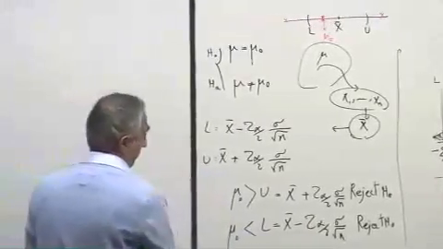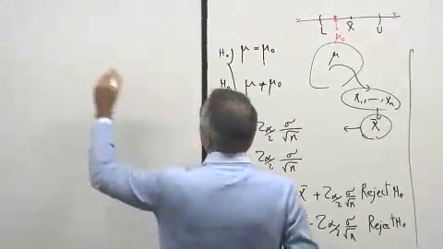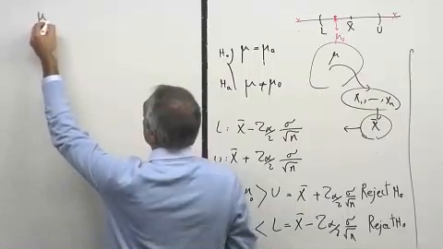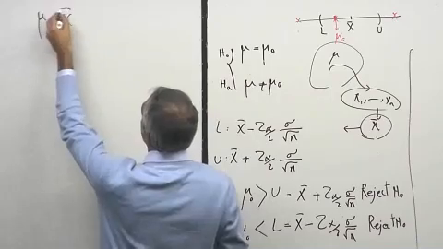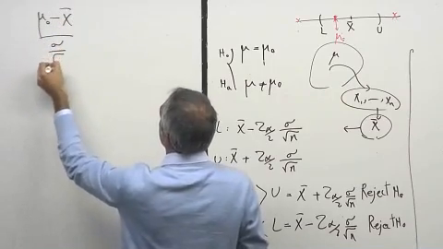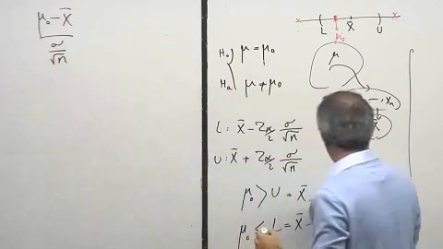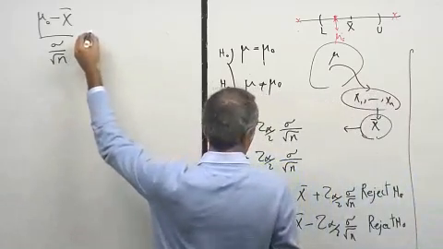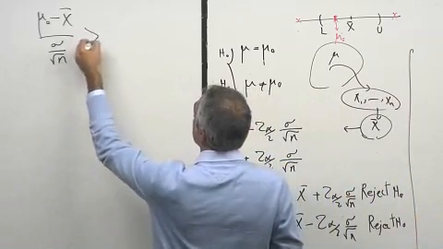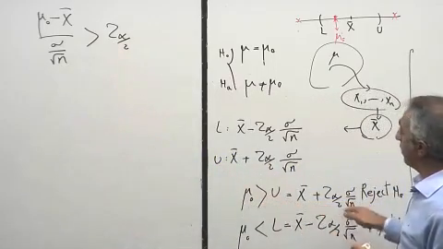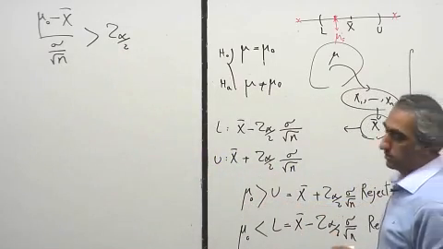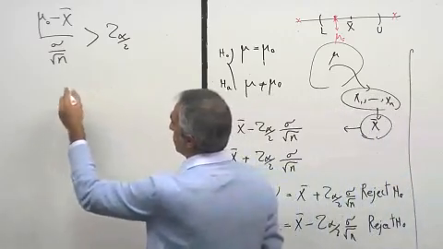So what I'm going to do is some simplification here. Taking X bar to the other side and dividing by sigma divided by square root of n.